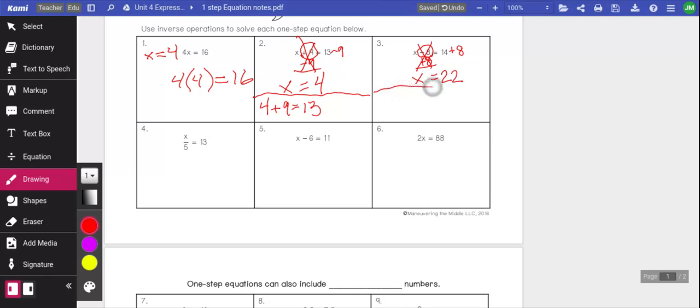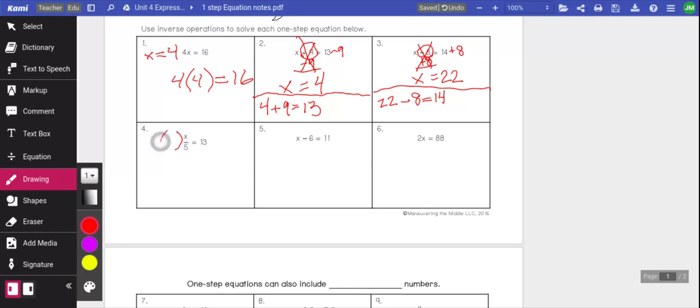Again, checking my work, I would take that x minus 8 and replace the x with the 22. 22 minus 8 equals, actually use a calculator to make sure that you don't make silly mistakes, 14. 100% correct. Nice job.